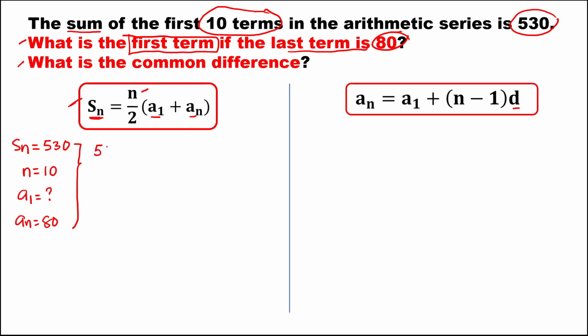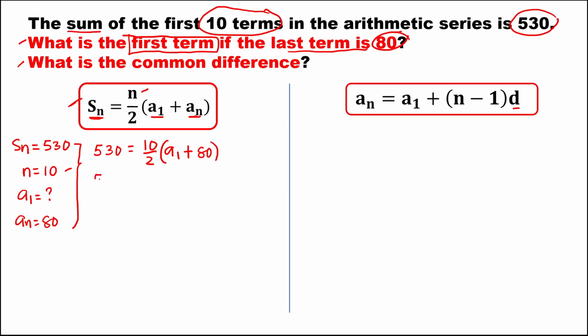That's 530, then equals n, the number of terms, that's 10, divided by 2, times the first term, this one is the unknown, plus the last term, so the last term is 80.